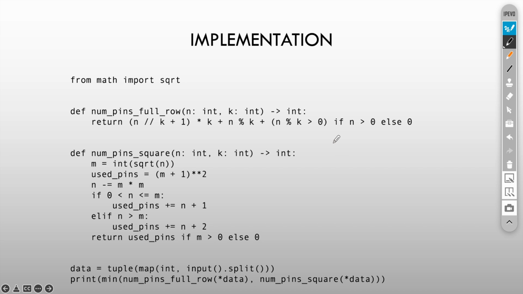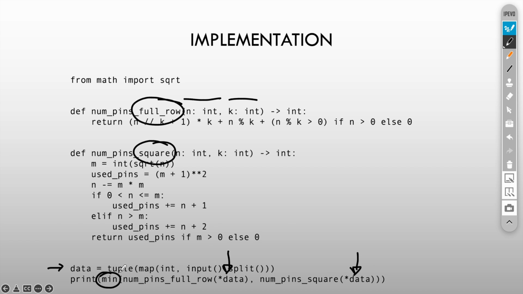Finally, here is the implementation of our hybrid algorithm in Python. This function is responsible for implementing the full row strategy, and this one for the other one. Both receive the same input. Data is holding the input and provided here for both functions. The results are collected and combined with this min function.